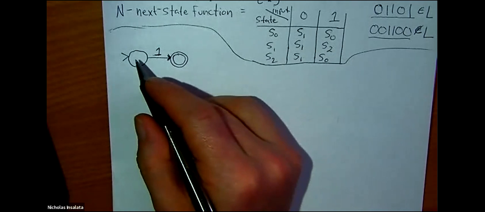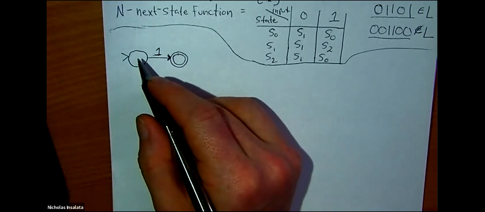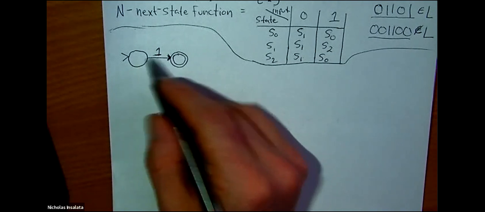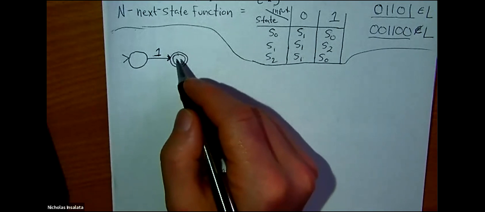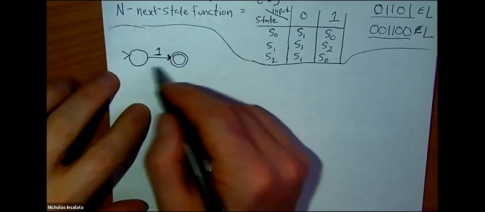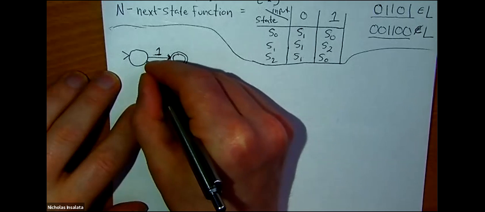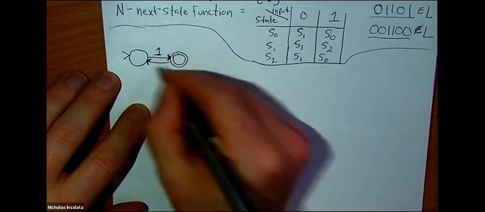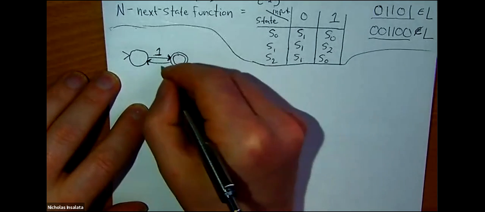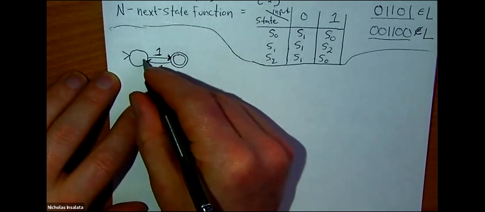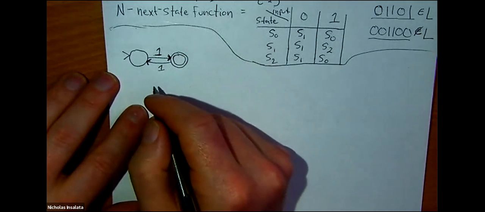How could I go back to my rejected state? So here I have an odd number of ones, right? So to go back to rejected, I have to read another 1, which would make it an even number of ones, because over here I have odd. If I see another one, I'll go back to even, right?